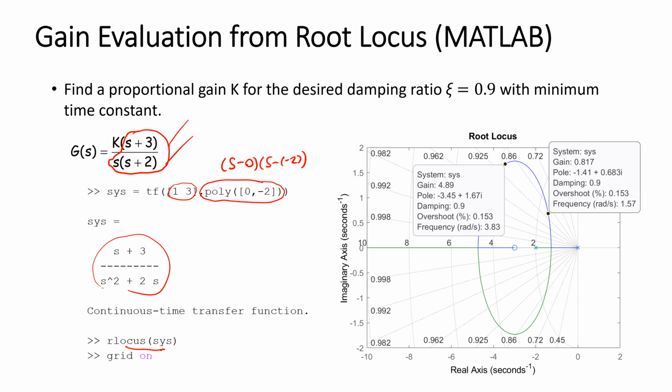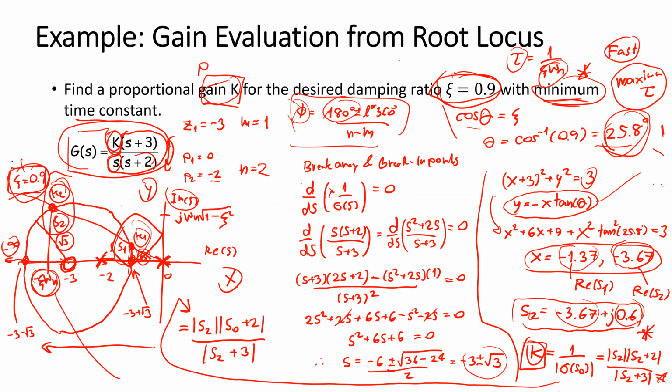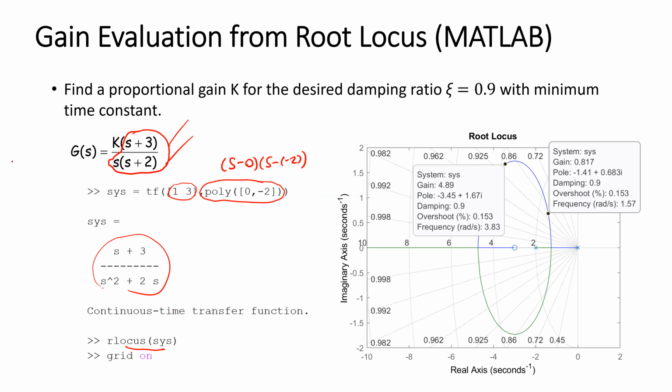We cannot draw a constant damping ratio line on the locus plot in MATLAB, but we can slightly move the point along the locus so that we can see the damping ratio 0.9. You see that along the locus, we have two solutions that relate to the damping ratio 0.9.